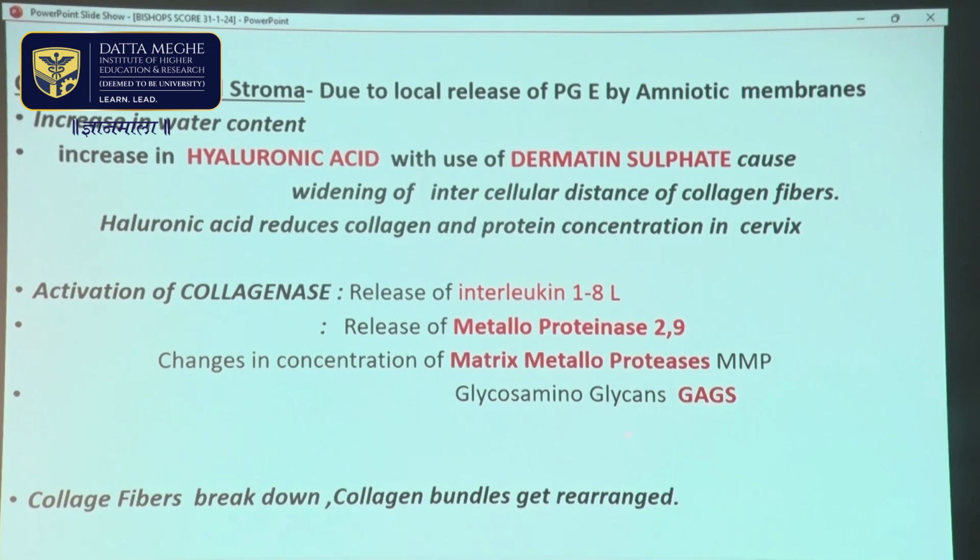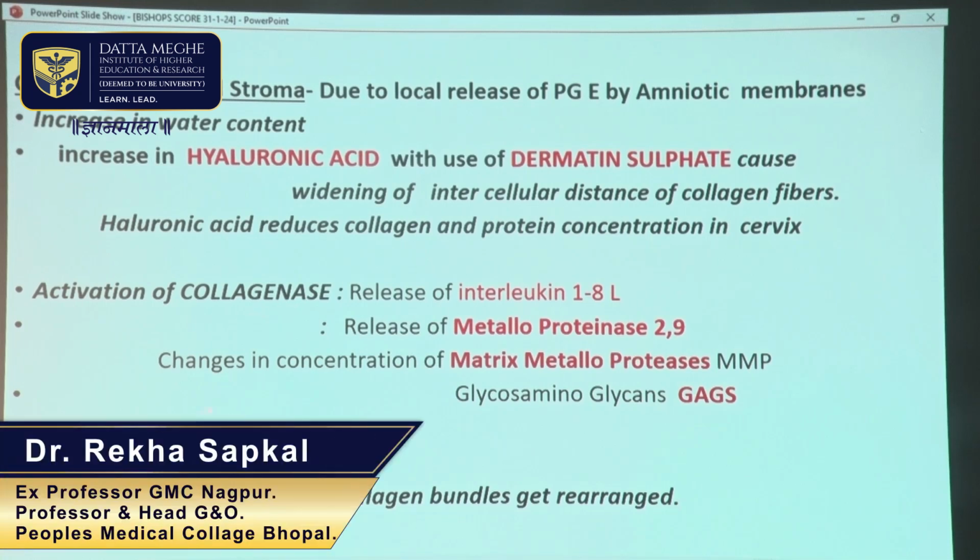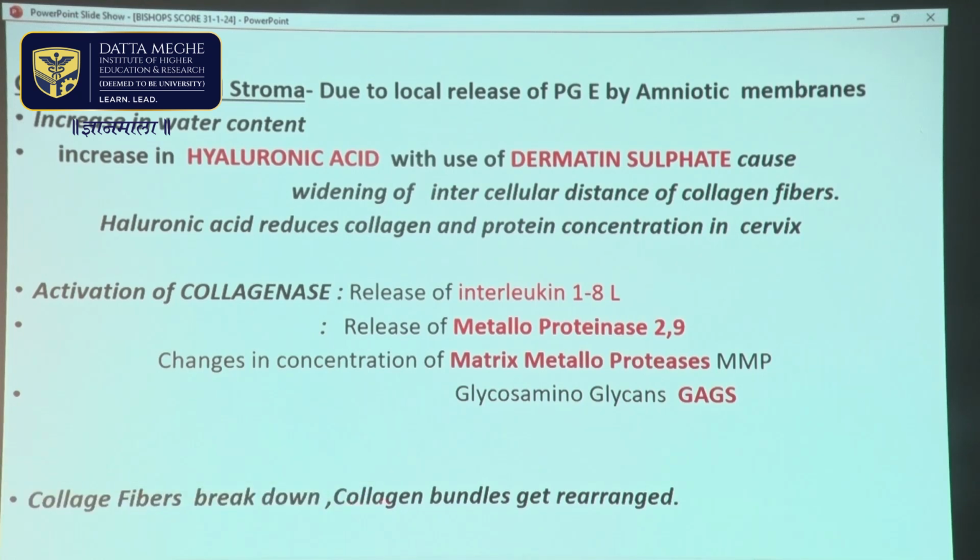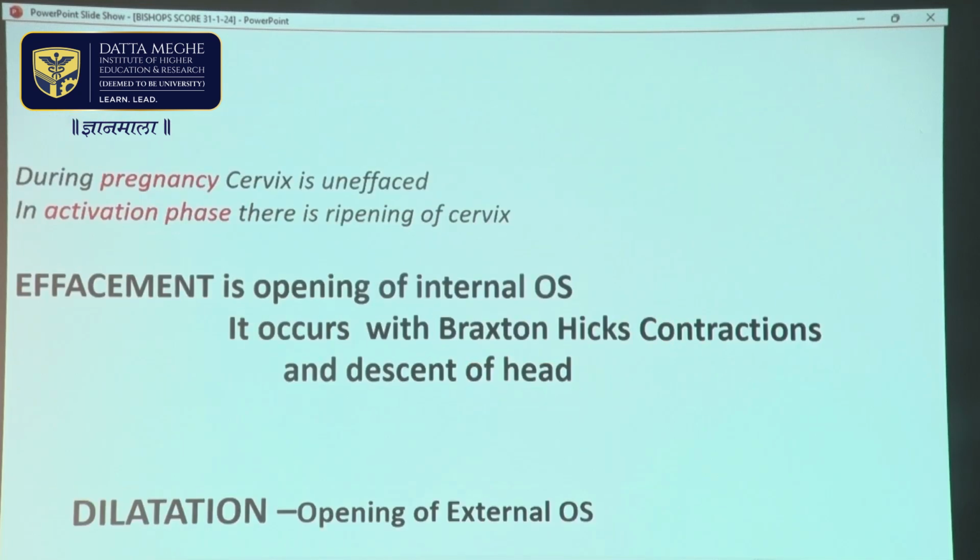So these changes occur due to activation of this collagenase. With this, collagen fibers in the cervical stroma break down, and there is a rearrangement of these collagen bundles across the cervix, and that is how the cervix becomes soft and stretchable.